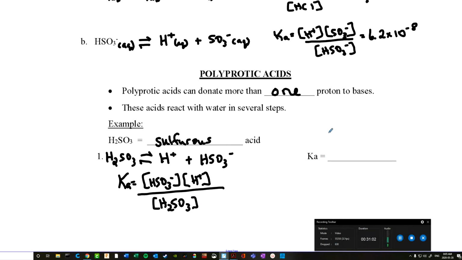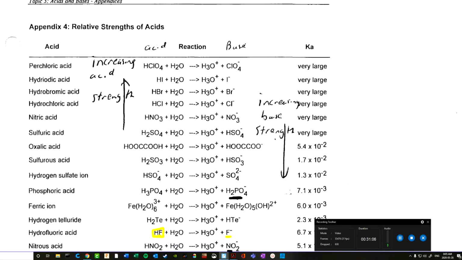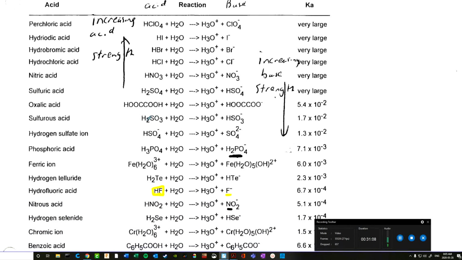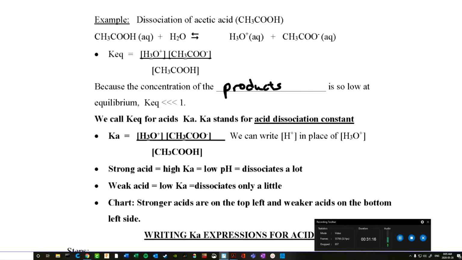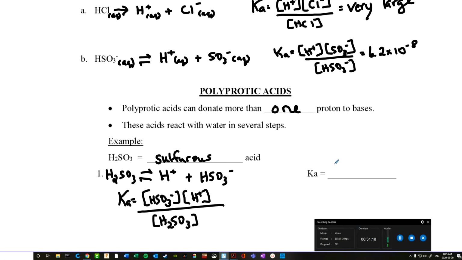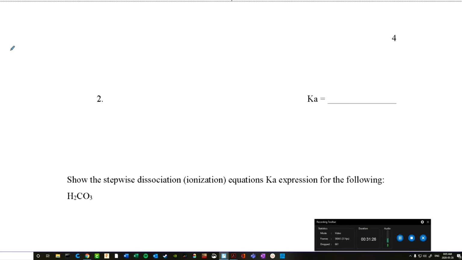And if we look at our chart, let's find that Ka value. So we find H2SO3, and we go across, and it's 1.7 times 10 to the -2. So we're just going to write that value in here. Now, I'm just going to go on to the next page to do step 2.